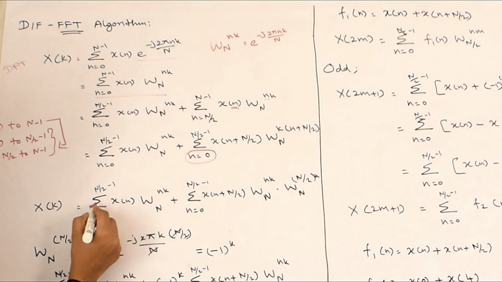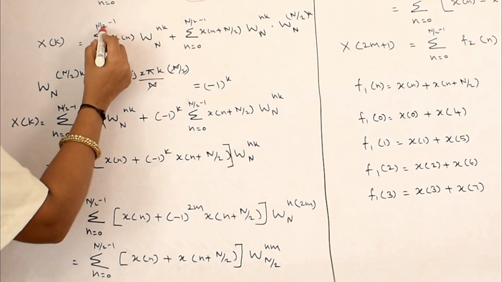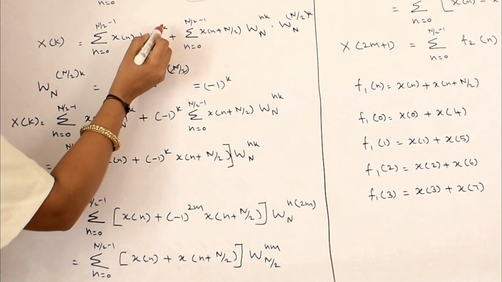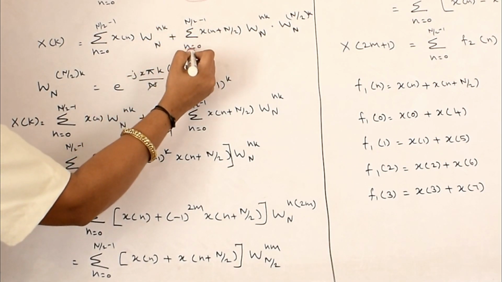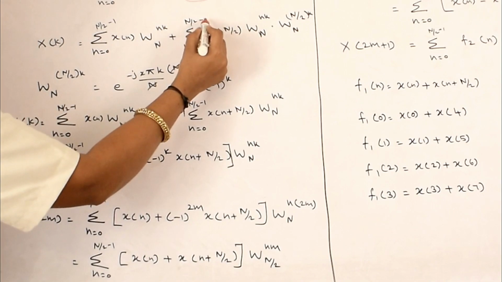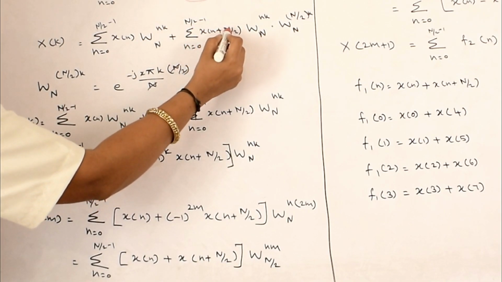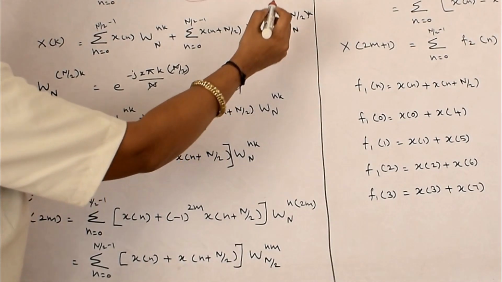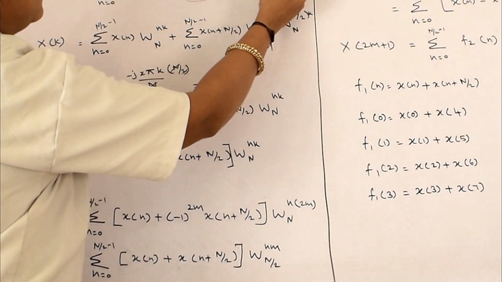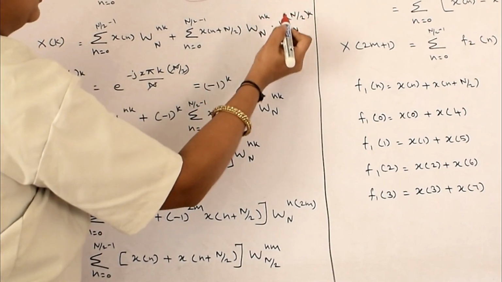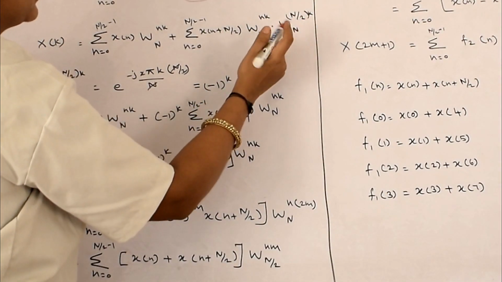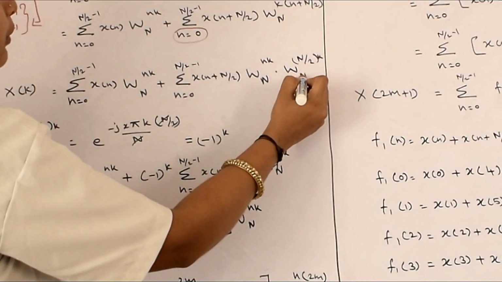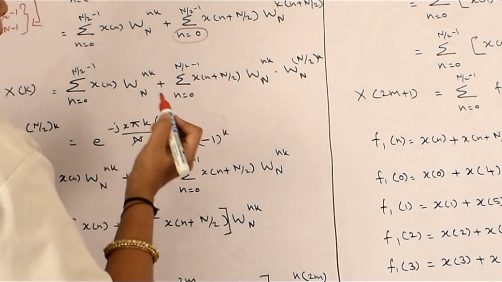Next step, summation n equal to 0 to N by 2 minus 1 x of n W_N power nk plus summation n equal to 0 to N by 2 minus 1 x of n plus N by 2 W_N power nk. I am multiplying this k with n and N by 2 and splitting the expression as W_N power nk into W_N power N by 2 k.